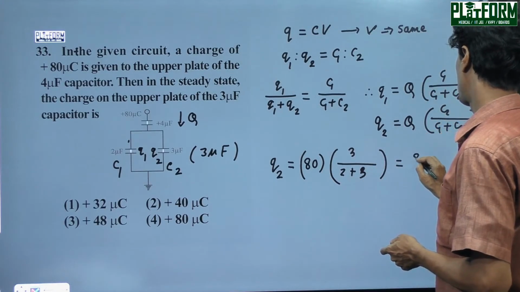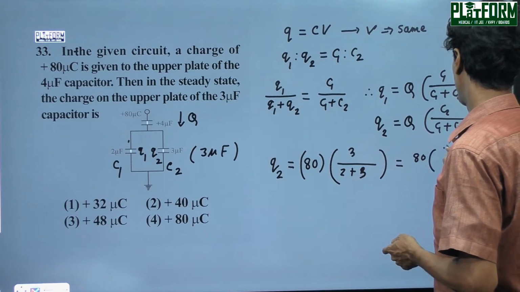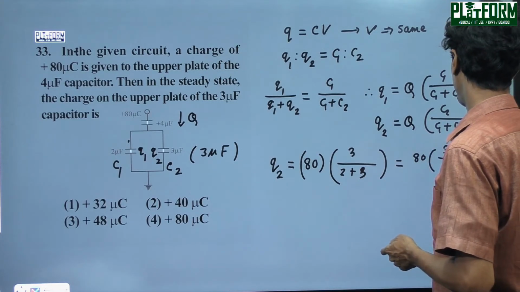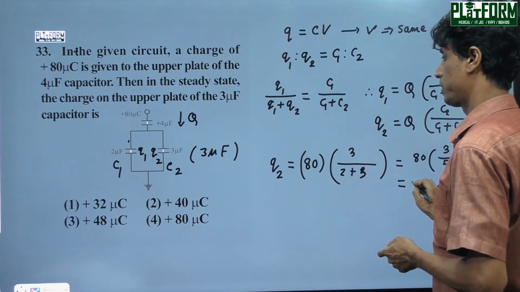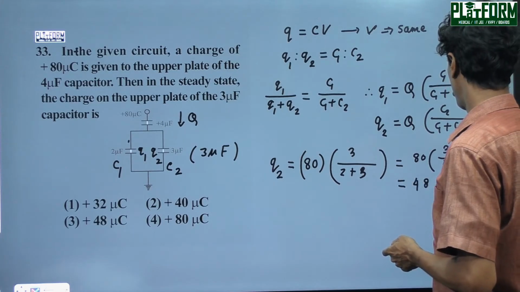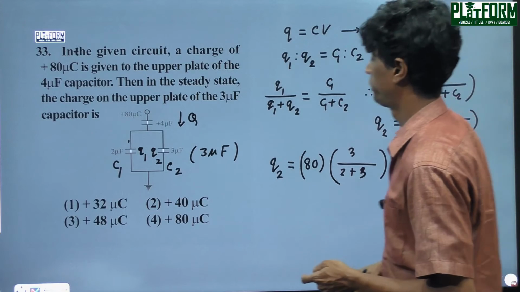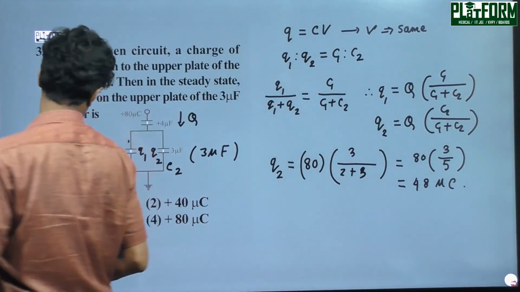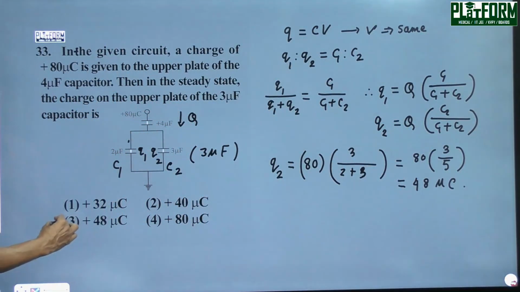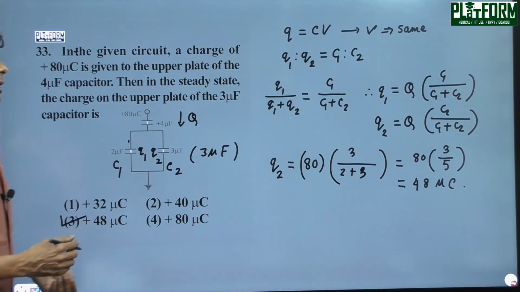So 80 into 3 by 5 is 48 microcoulomb. The right option here is 3.